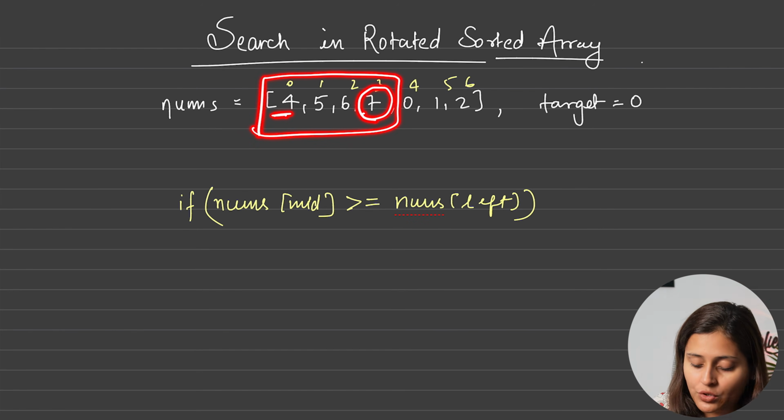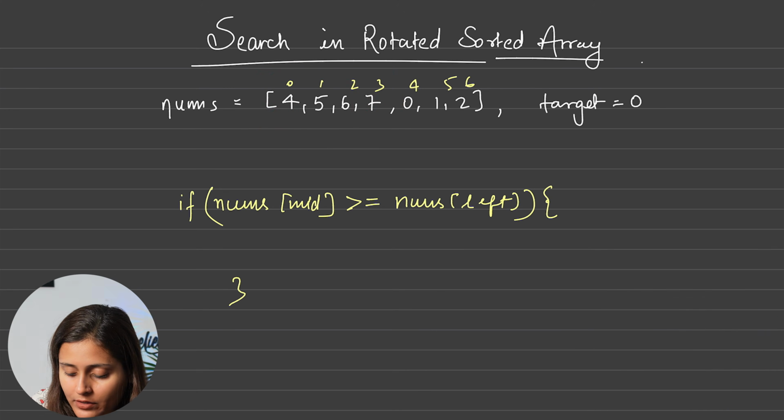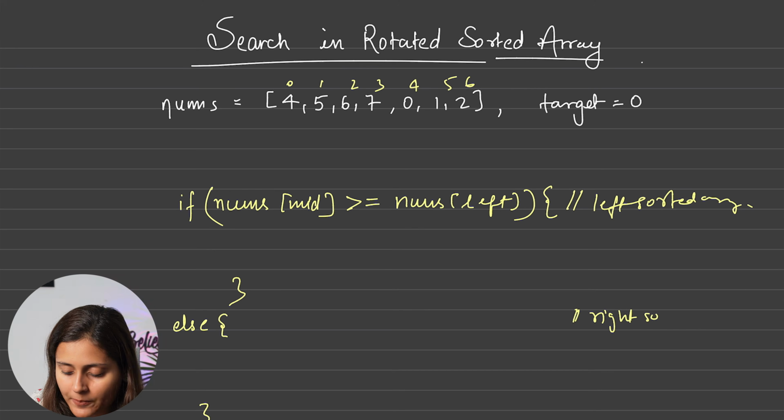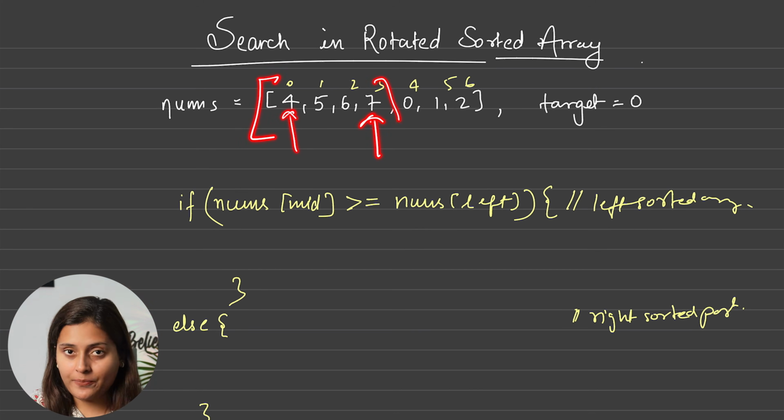So now we can apply binary search here, or else if not, then in that case we will fall in the right sorted part. But in this case we know that 7 is a part of the left sorted. So now let's try to find the target value here.